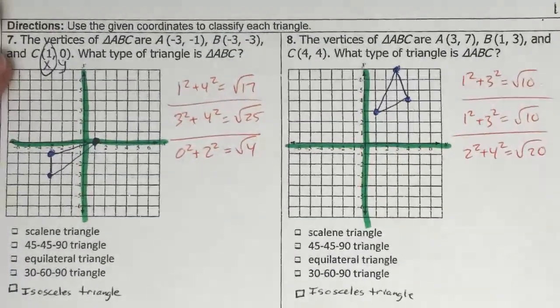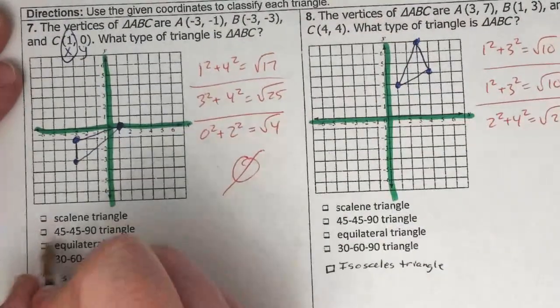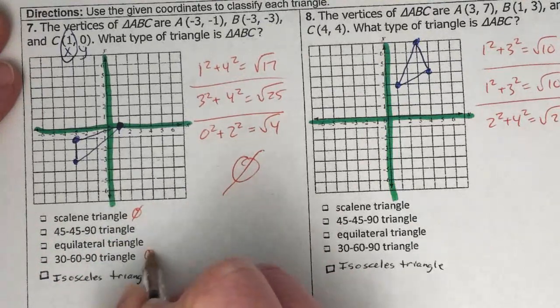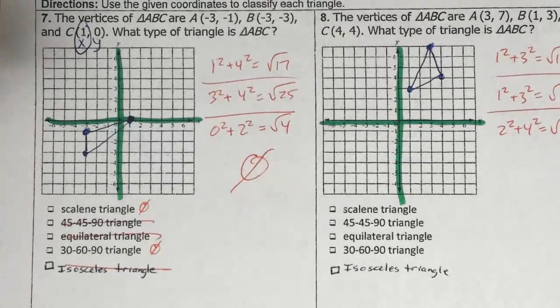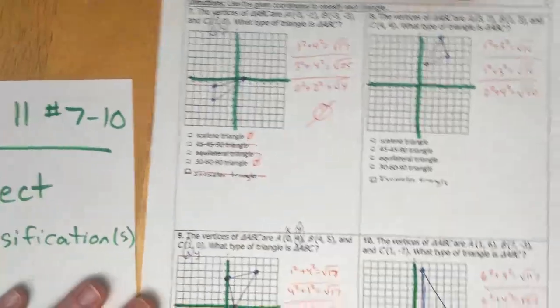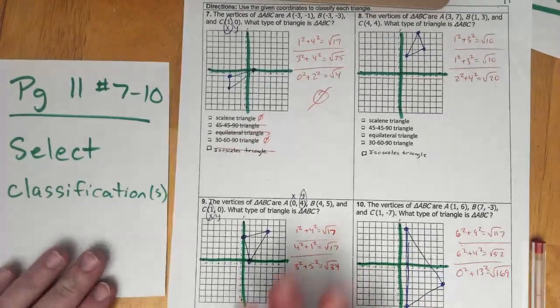Okay, so let's see. On number 7, there are 0 sides that are equal. So it's definitely either this one or this one. So all these others just don't work. Now you have to check which one it would be. All right, so I want you to pause again, and I want you to select the classifications for all those.